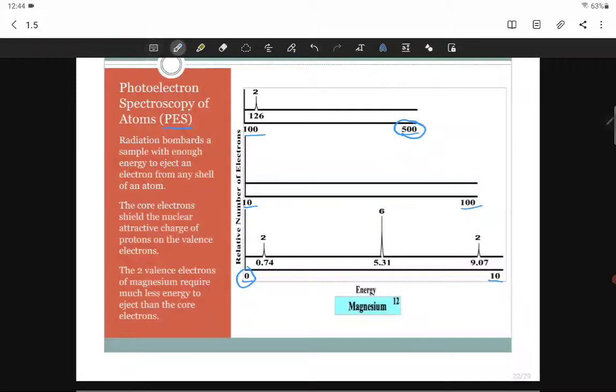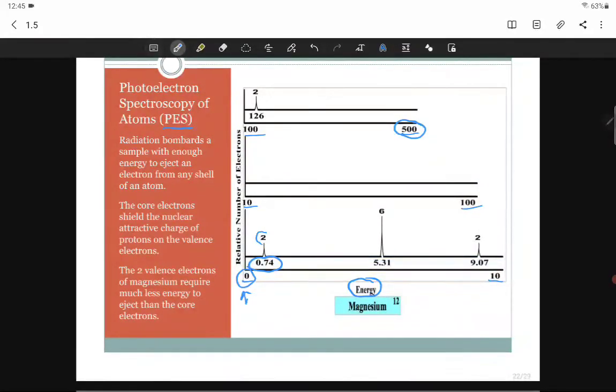Some of them start at 500 and work their way to 0. You just have to be very careful to check that. If you give this no energy, no electrons get spit out. But if you give this sample 0.74 energy, of course, we don't even know what this energy unit is. It doesn't matter. It's all relative.